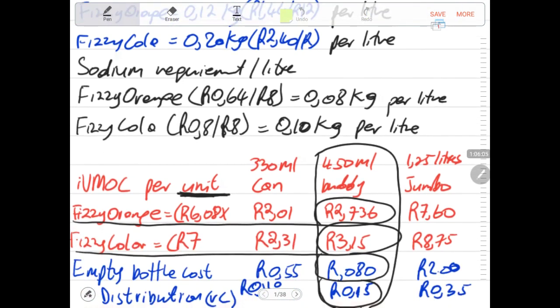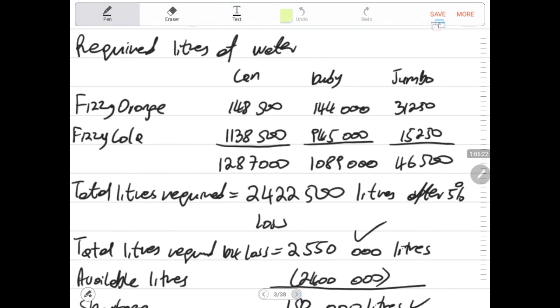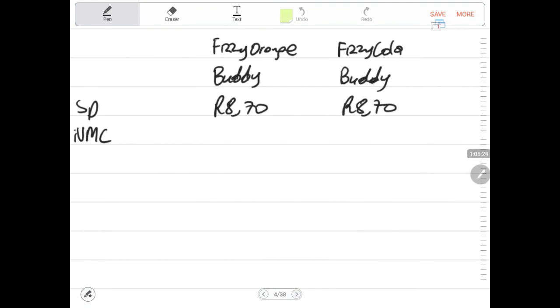The in-house variable manufacturing cost per unit of a body for fizzy orange is 2.736. For the other, it is 3 rand 15 cents.